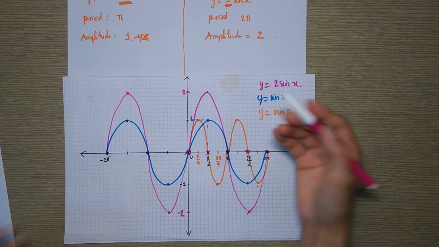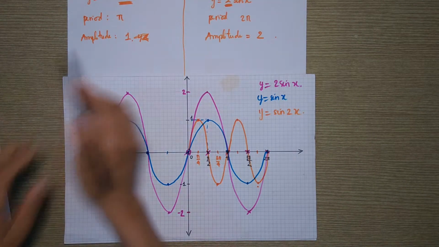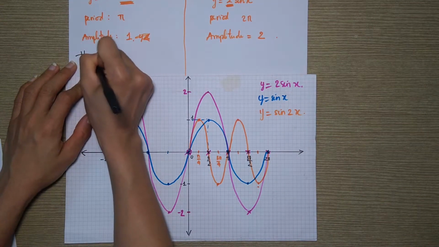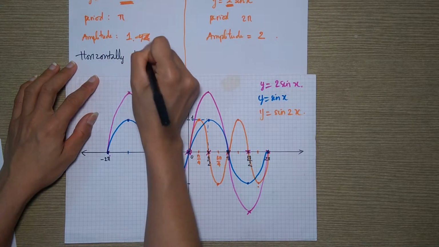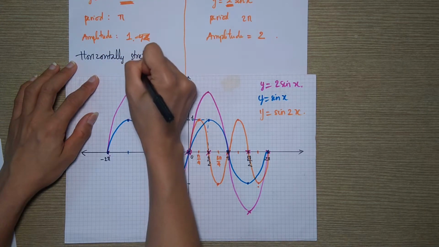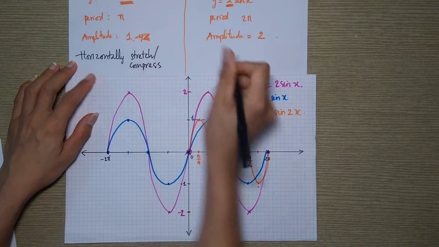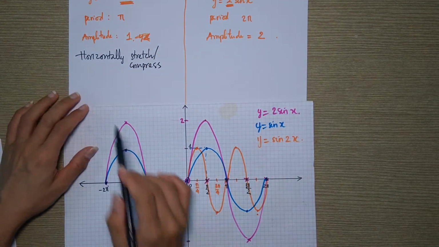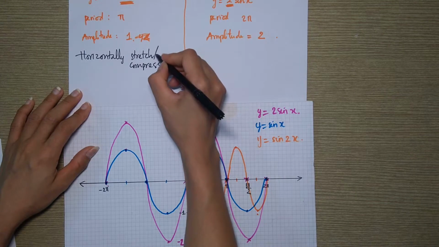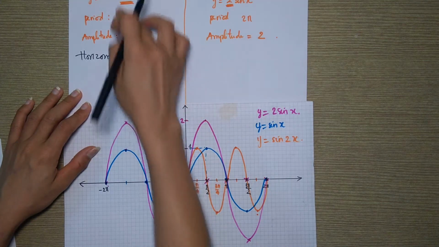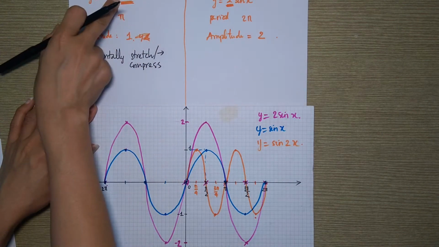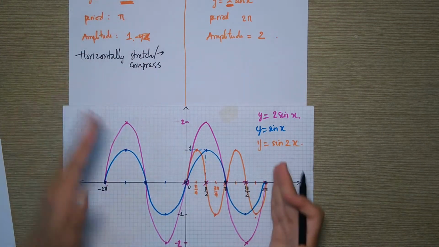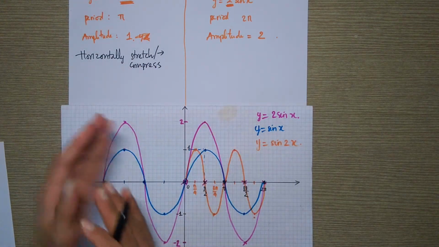That is about the transformation, but this transformation is horizontal stretch or compress. If this number is greater than 1, then it is compressed because the period is smaller.